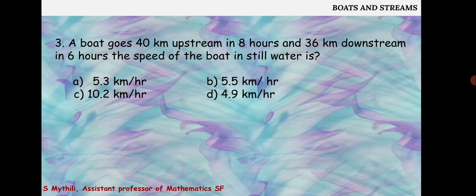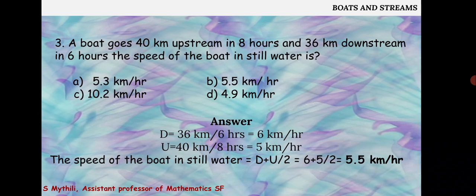So what is the formula for SB? It is (downstream plus upstream) by 2, right? But here we have the data per 8 hours, that is, for upstream 40 kilometers in 8 hours and 36 kilometers downstream in 6 hours. So we need to change the downstream and upstream values to per hour.